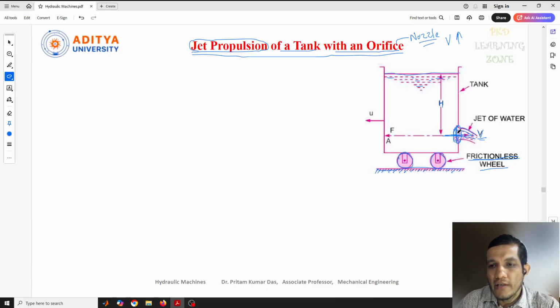Now suppose the tank is normally situated on the surface, with no wheels fitted.